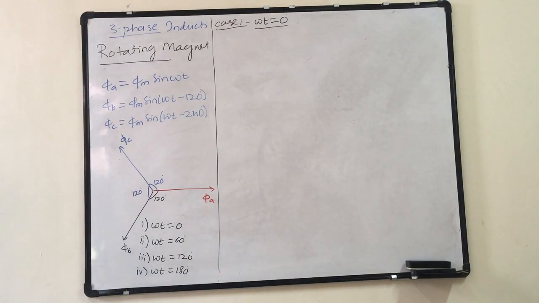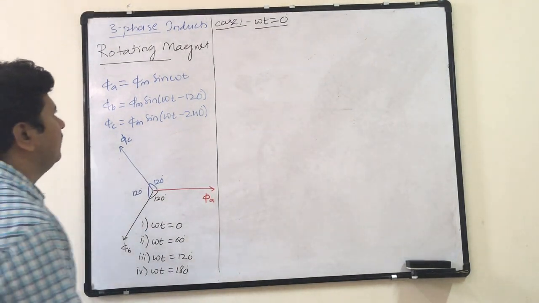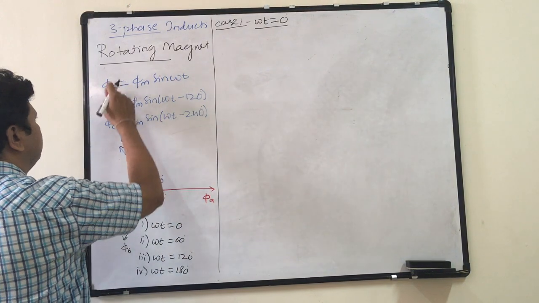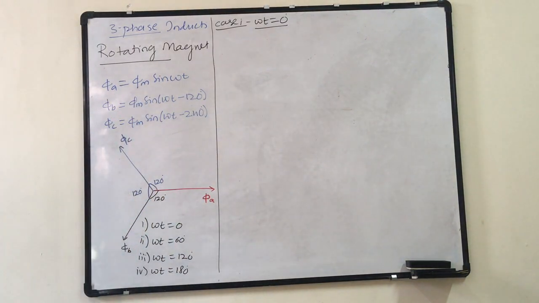Now substitute omega t equals 0 in phi a, phi b and phi c.